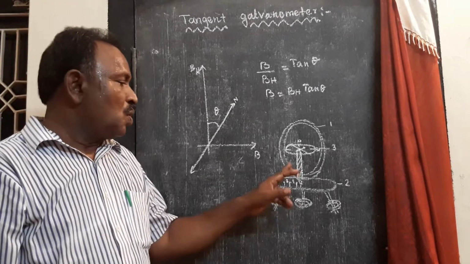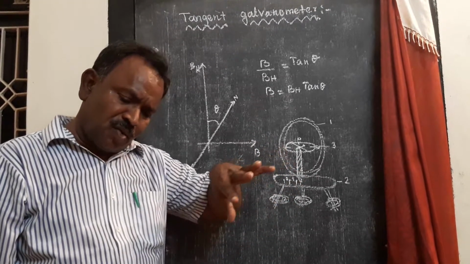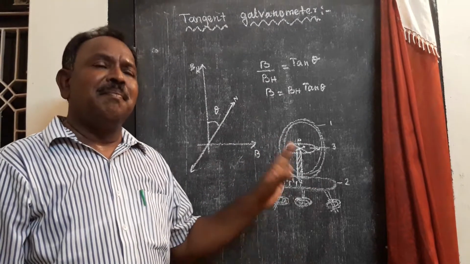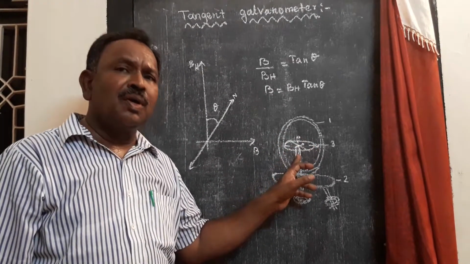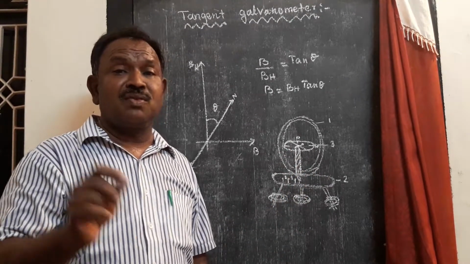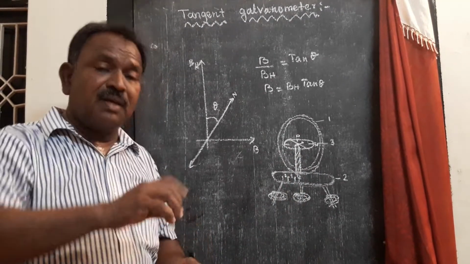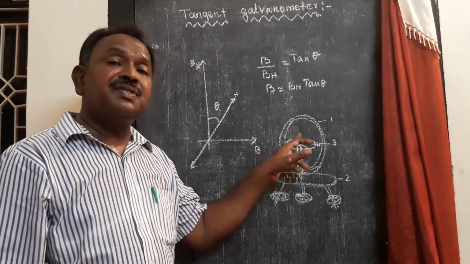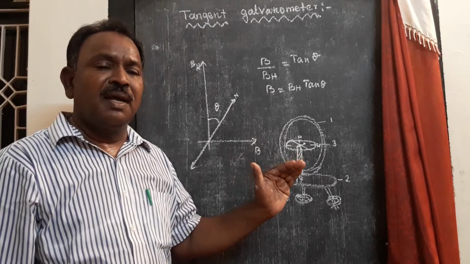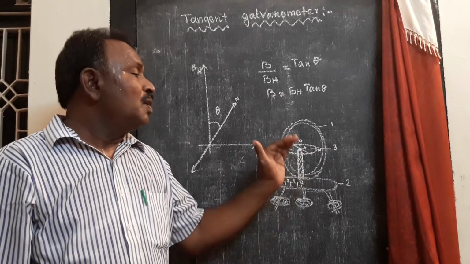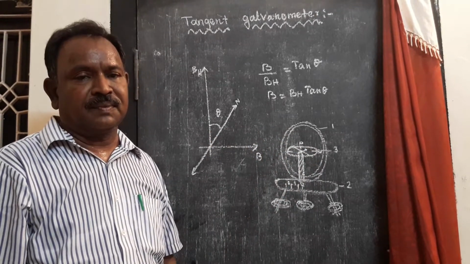Fourth, the rotating round table must be rotated so that the aluminium pointer measures 0, 0 before current is passed through the coil. So before passing current through the coil, you have to rotate the round table in such a way that the aluminium pointer reads 0, 0. So these are the adjustments we have to do before doing the experiment.